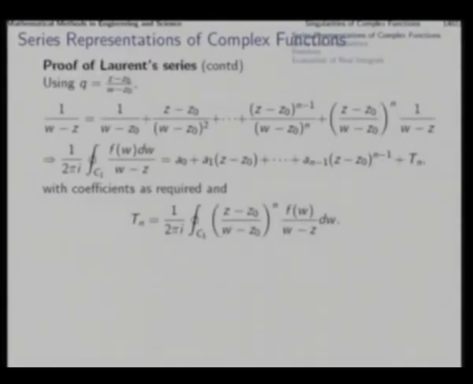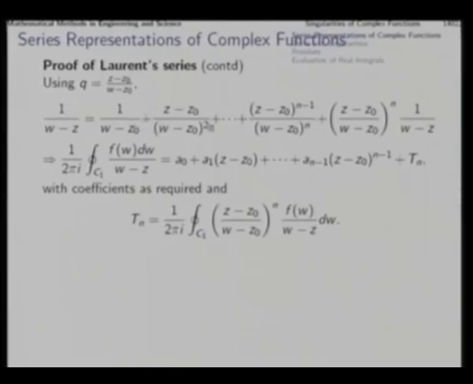In this manner, we will go on evaluating the next one multiplied with f(w) dw, integrated and divided by 2 pi i, which will give us a1, and z minus z0 will remain there. The next one will give us, similarly, z minus z0 whole squared, and there will be a factorial 2.